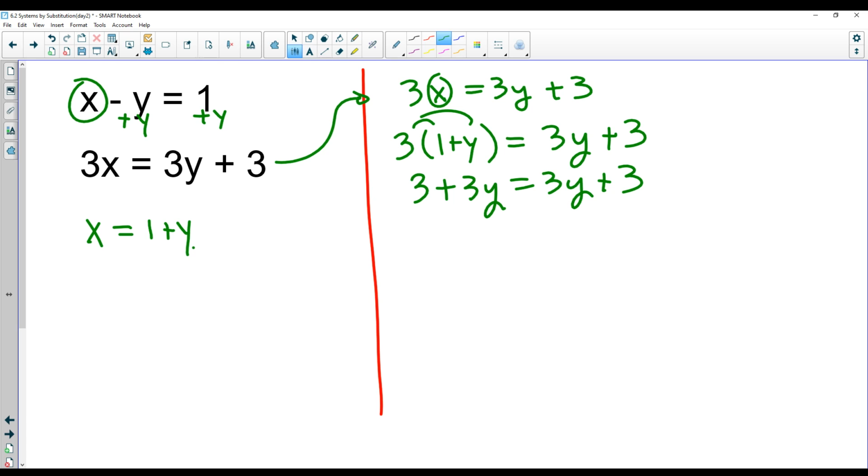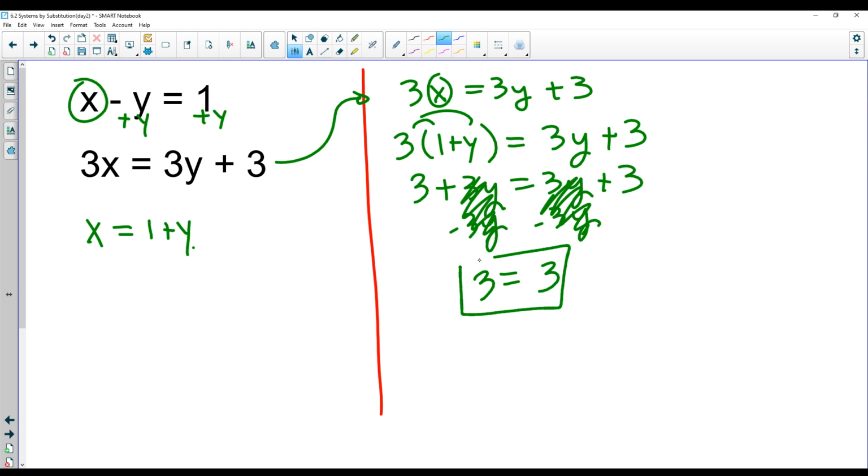Starting to look a little bit peculiar. The y is on both sides. Remember to take care of your variable. We got to cancel one of them out. And it disappears from both sides. That means not y equals 3, not x equals 3, but 3 equals 3. That is a true statement always.